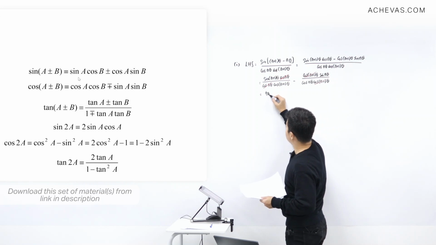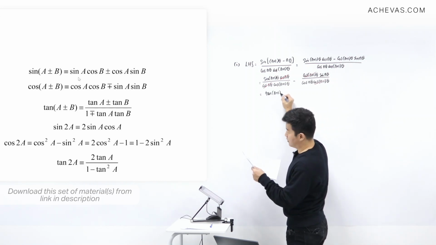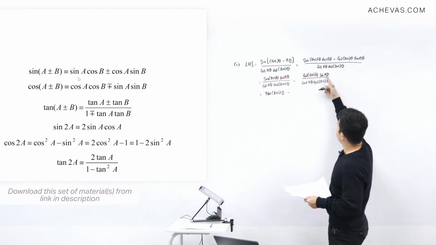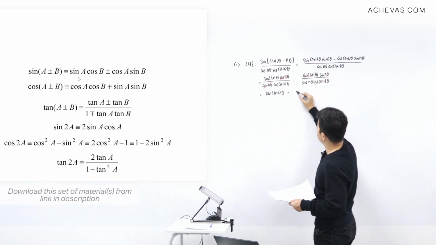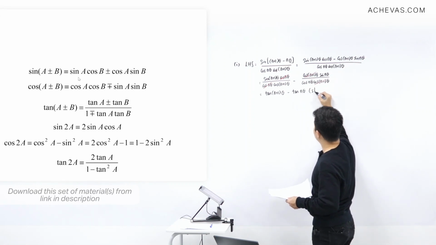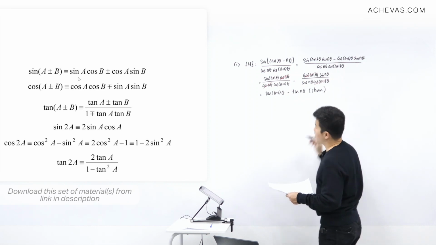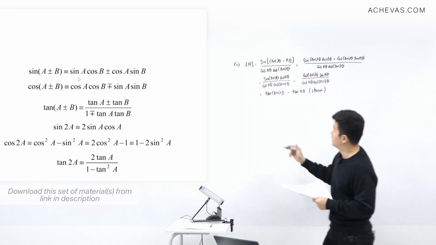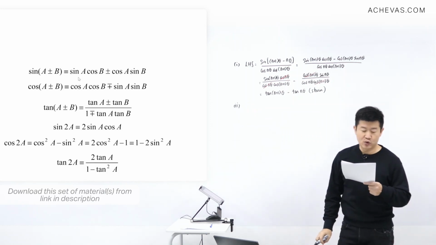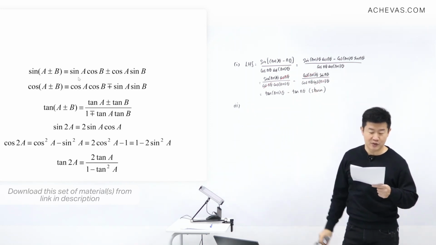So this is going to be tangent of (n plus 1)theta, which is already part of what the question wants us to show. Then sine n theta divided by cosine n theta gives us tangent n theta. Okay, so this is what we're supposed to show according to the question. Next, part 2.